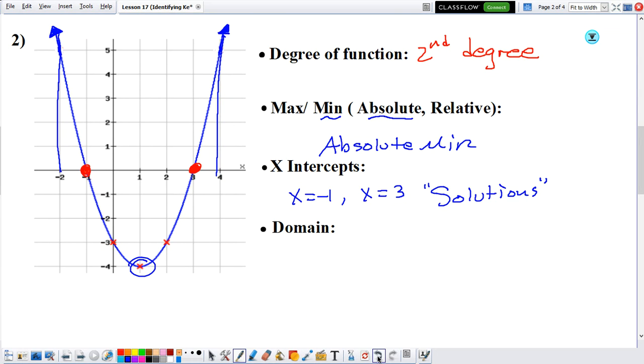So how can we put that into set notation? Well, we're going to say that our domain is from negative infinity to positive infinity, because we can use infinitely many points on the left side, and we can also use infinitely many on the right side. So our graph goes from negative infinity, down, down, down, and then all the way to positive infinity.